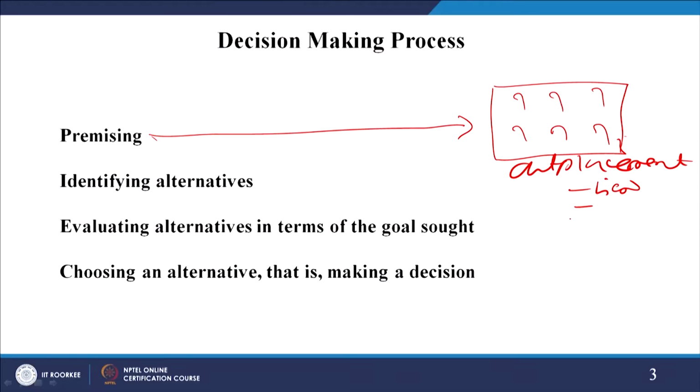Outplacement can be in the form of lien, if that is a government organization, or it can be in the form of giving them sabbatical leave, or giving leave for working in another organization for some period of time, that is the loaning of employees, or there can be deputations and outplacements.